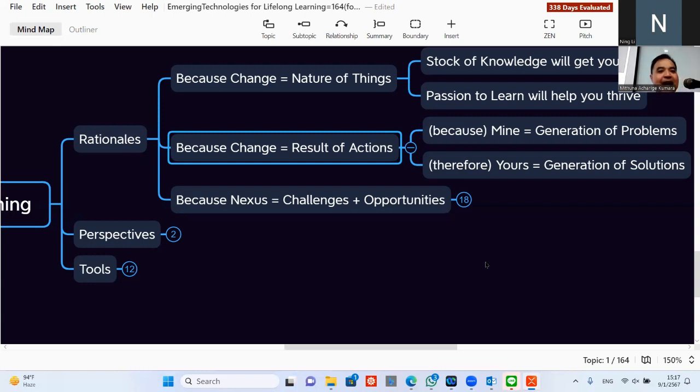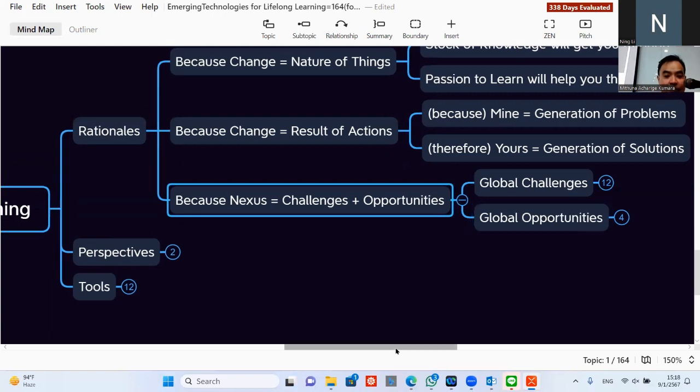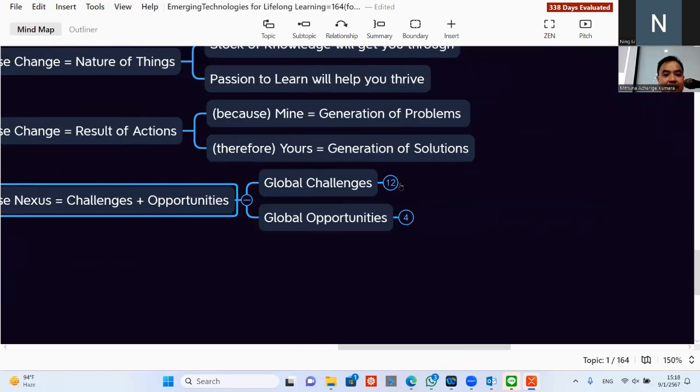So it's a different kind of challenge, and in a sense it's lifelong because, frankly speaking, my generation hasn't come up with enough solutions on this side. So the solution on this side is going to be emerging technology. Okay? And this is what I mean by the nexus of opportunity and challenges.